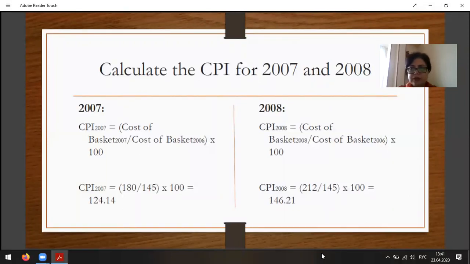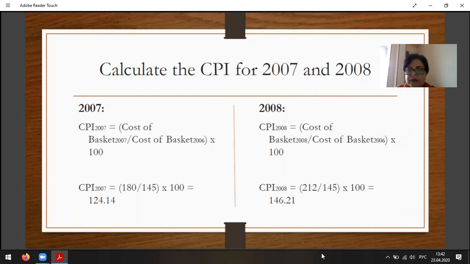So the previous calculations allow us to substitute the data into the formula, and we divide the $180, that is the cost of market basket for year 2007, by the expenditures of the same market basket for base year 2006, and that is $145, and the result multiplied by 100.